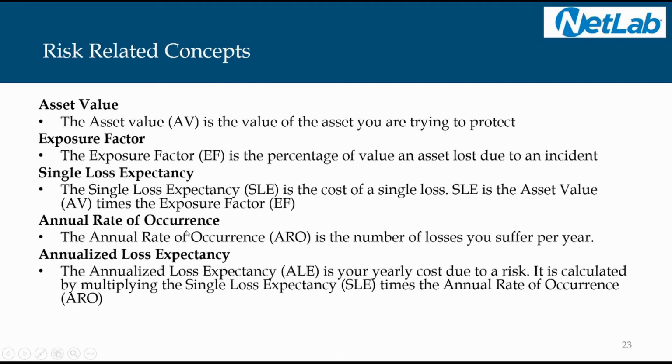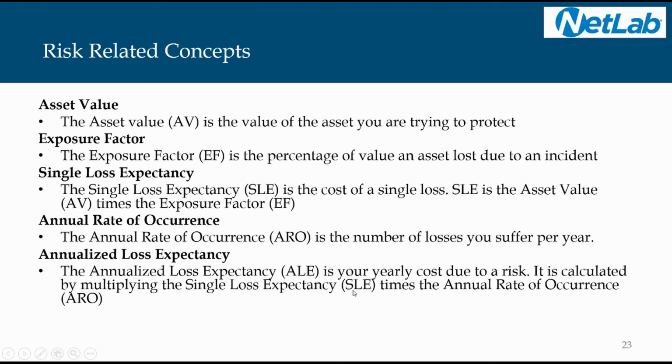Annual rate of occurrence is the number of losses you suffer per year. That is 11 times we have taken in that example. Annualized loss of expectancy, ALE, is your yearly cost due to a risk. It is calculated by multiplying the SLE times ARO.